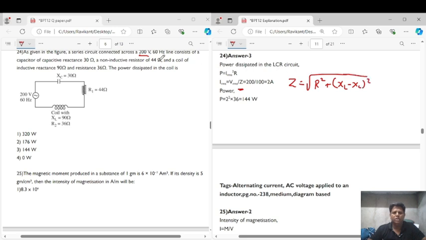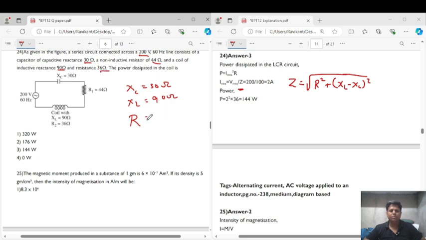In the question, they have given us that XC equals 30 ohms, and XL, the inductive reactance, is 90 ohms. If we talk about resistance R, it will be equal to 44 ohms plus 36 ohms in series, so this will be equal to 80 ohms.